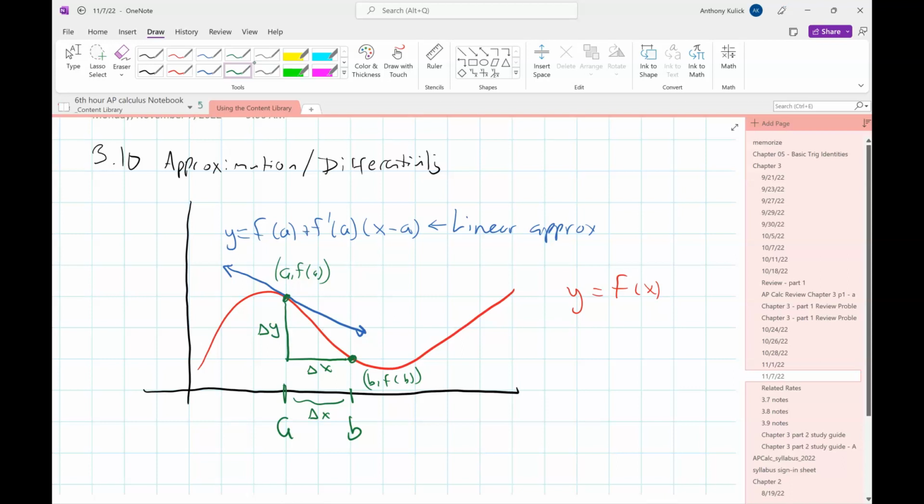Okay. So in this chapter, the differential dx is going to be the same thing as our delta x.